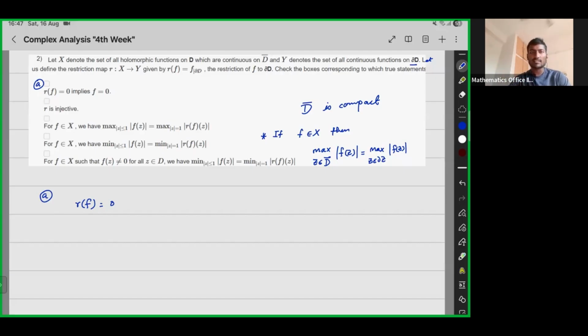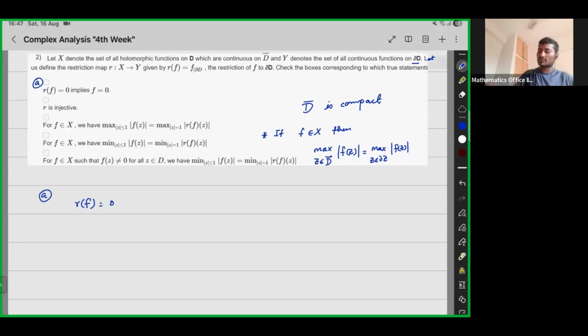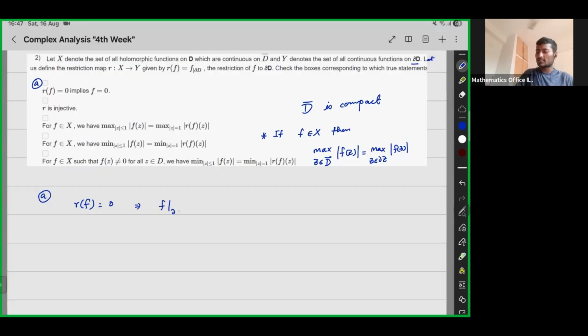The maximum modulus principle says that when you take the modulus of f, it takes its maximum on the boundary. But on the boundary the function is completely 0. So let's write: f restricted to ∂D is equal to 0. This implies the maximum of modulus of f of z, z belonging to the boundary of D, is equal to 0, because everywhere on the boundary f of z is 0.